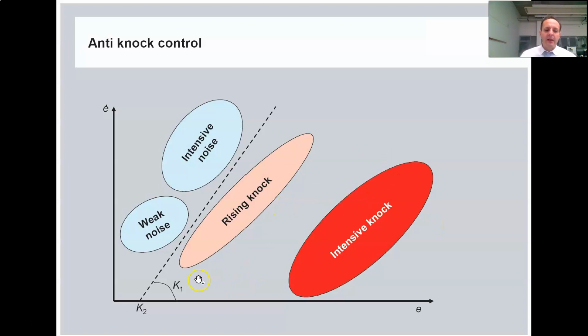So depending on the slope of this line and the values of K2, we have two different conditions in the noise: weak noise or intensive noise, rising noise or intensive noise.